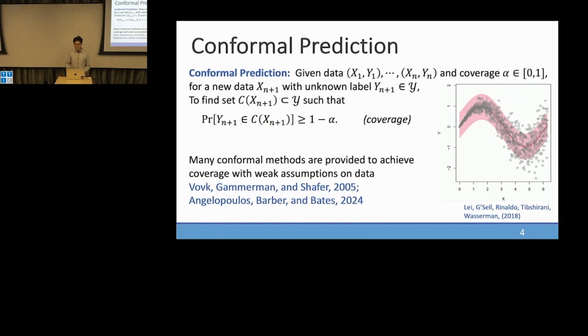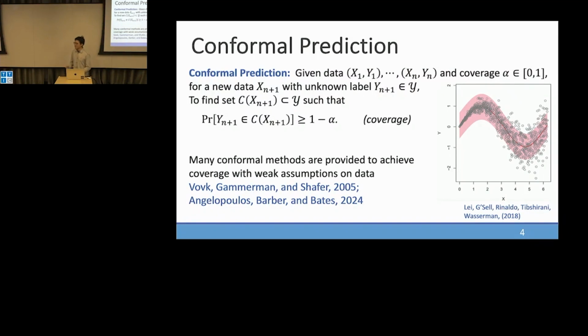This brings us to a very popular problem, or a field, called conformal prediction, which is as follows. We are still given a bunch of data points, x1, y1 to xn, yn. And we are also given a coverage level alpha, which is between 0 and 1. Now we have a new data point with feature xn plus 1 and an unknown label.